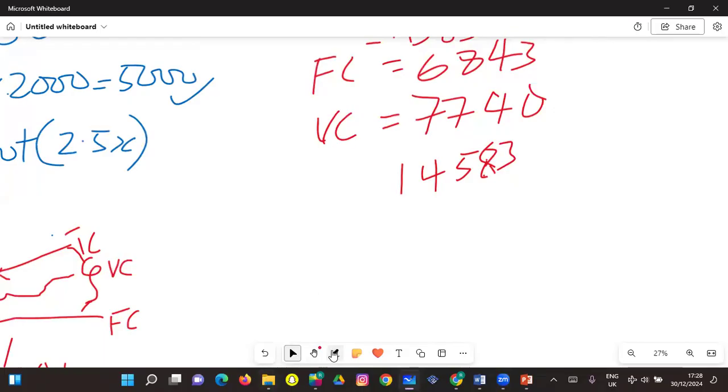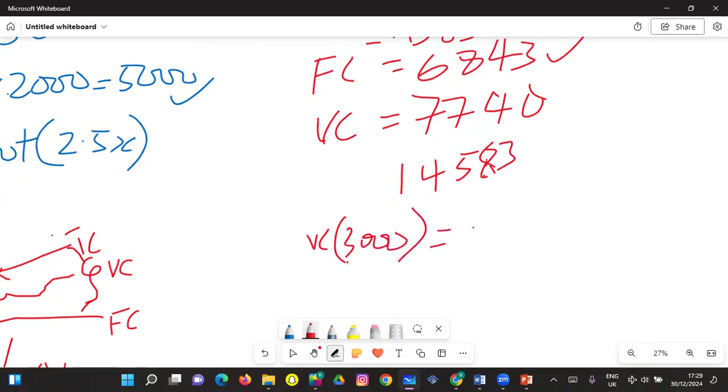So our fixed cost will remain the same. Our new variable cost for the 3,000 units is going to be 3.87 times 3,000. Let's see what we get. 11610.